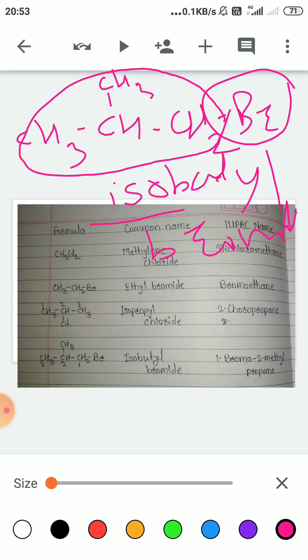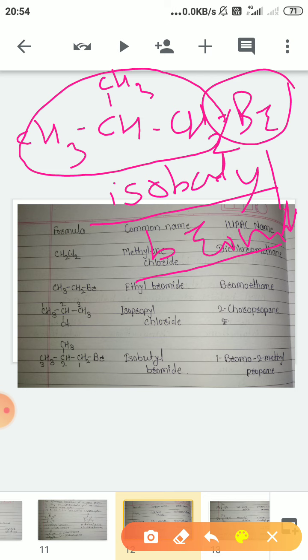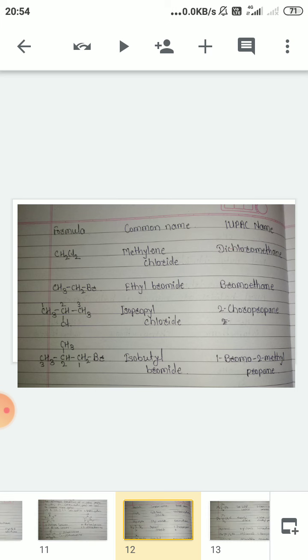Therefore the name of the compound is isobutyl bromide. Now we'll see the IUPAC nomenclature of isobutyl bromide.